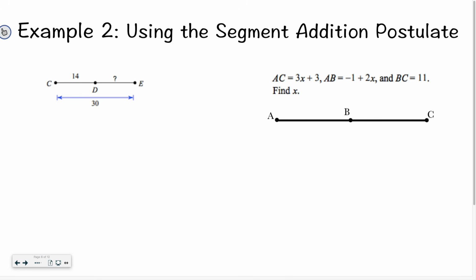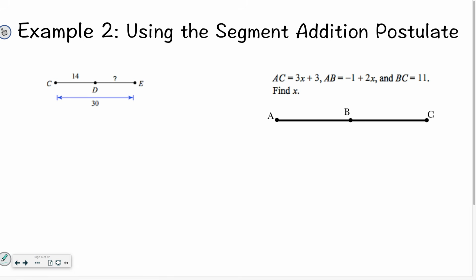Let's look at example 2 using the segment addition postulate. So segment addition postulate is when you take multiple smaller segments and combine them to make the larger segment. So in this case, I could say CD plus DE equals CE. The whole thing, right? If I add the bluish and purple segments together, I would get the whole segment.